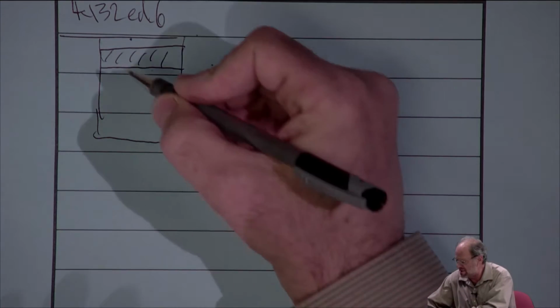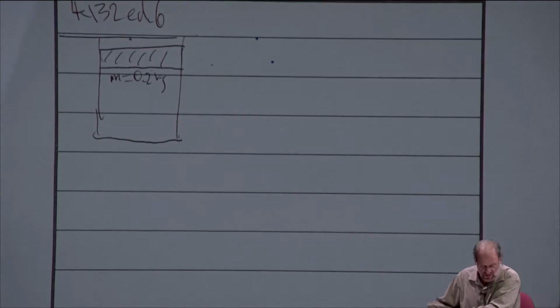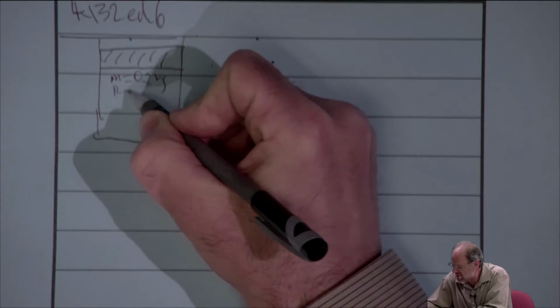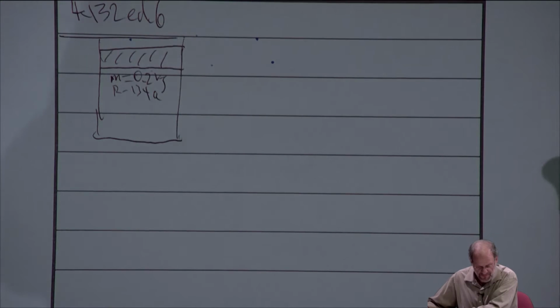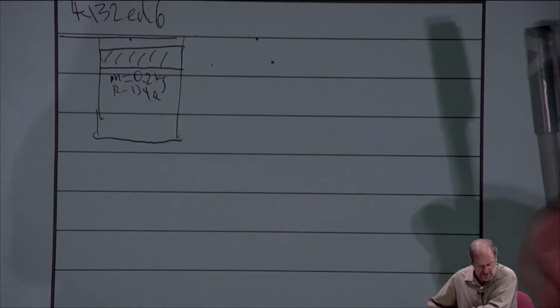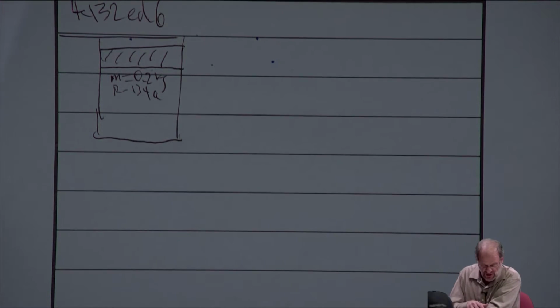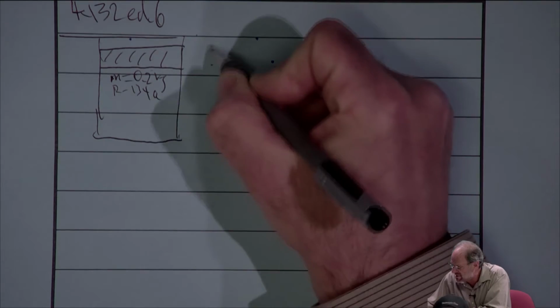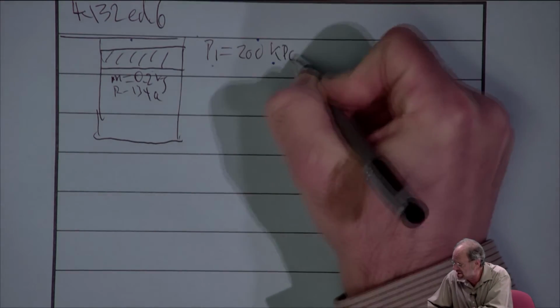We're given the mass, so 0.2 kilograms. It's R134A. So I note the substance. It says it's saturated, and then it tells me the percentage mass in the liquid phase. Oh, I'm sorry. First it tells me the initial pressure. So I'll just put P1 is equal to 200 kilopascal.